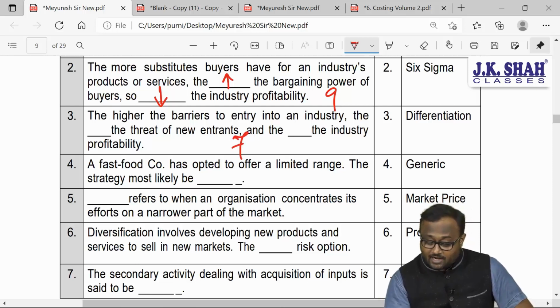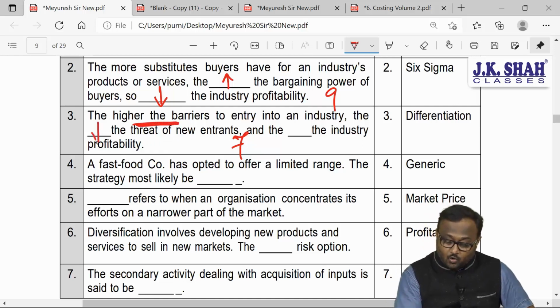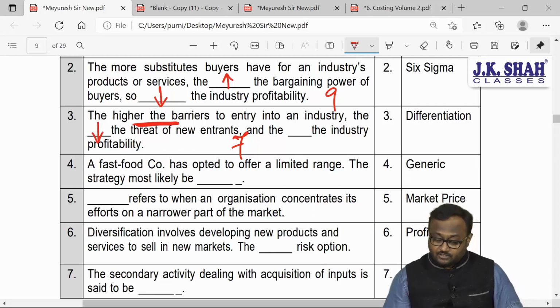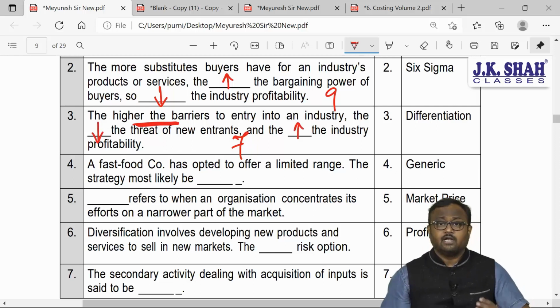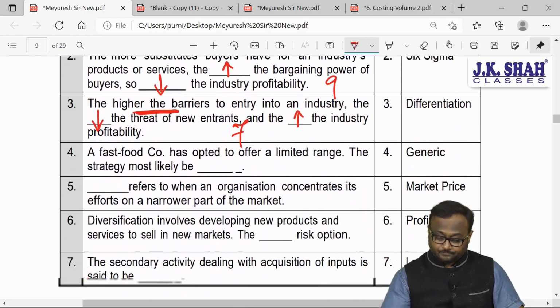The higher the barrier to the entry into an industry, the dash, the threat of new entrants. Higher the barrier to entry, lower will be the new entrants and higher will be the profitability. Airline company earlier was this difficult entry, so lower and higher, so I would like to go for 7.